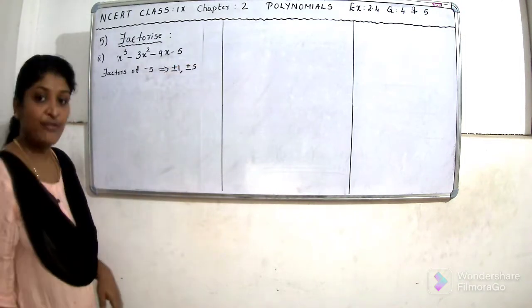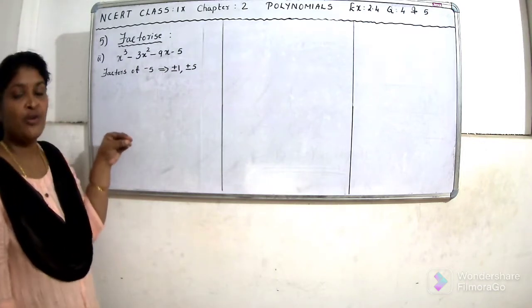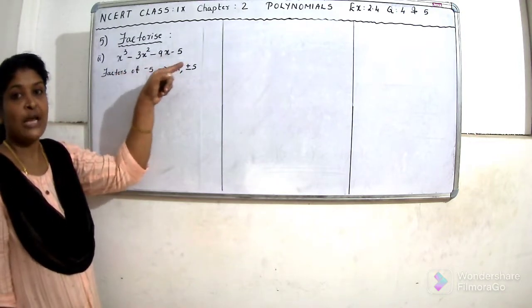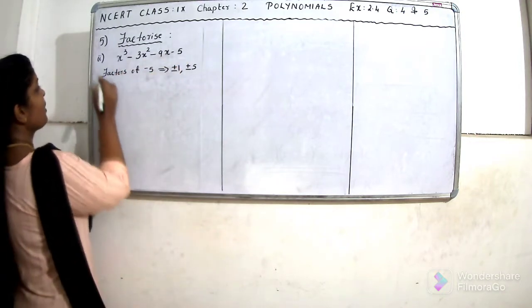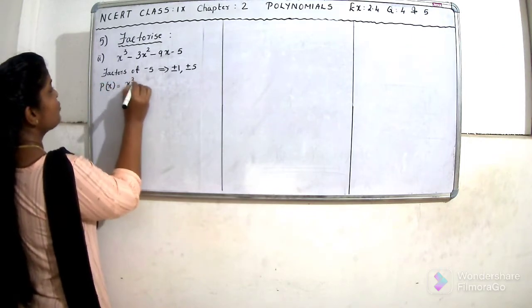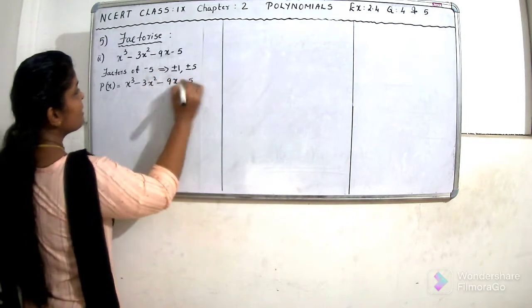These are the 4 factors. Now we have to find which value, when substituted, gives the polynomial as 0. So P of x is equal to x cube minus 3x square minus 9x minus 5.